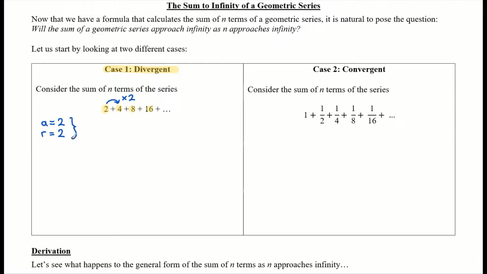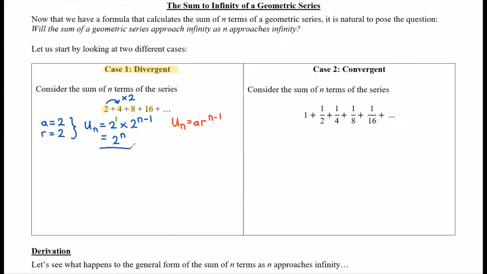If we put those together, the nth term is going to be 2 multiplied by 2 to the power n subtract 1, using the general form u_n equals ar^(n-1). Now if we bring these 2 powers together, noticing we've got 2 to the power 1 here, and use laws of indices, we get 2 to the power n for our nth term rule.